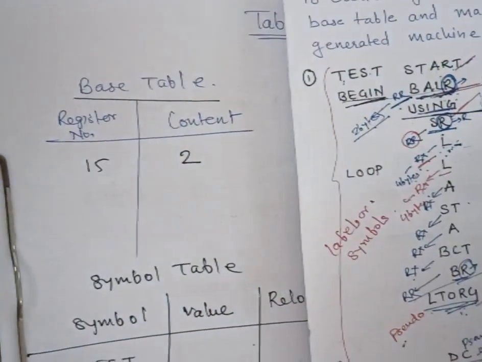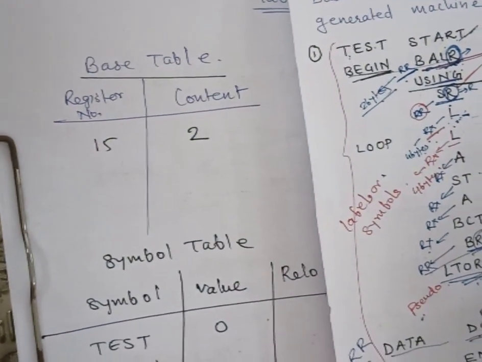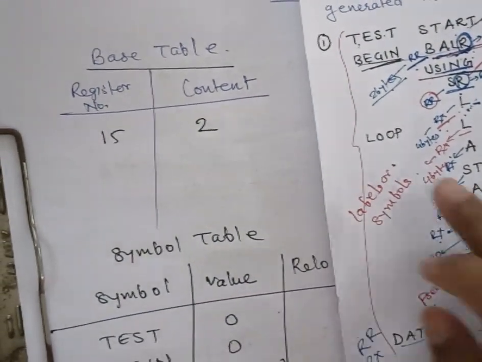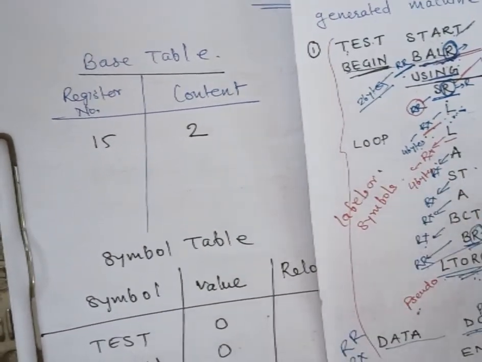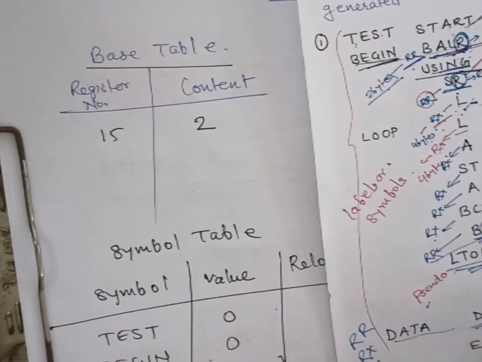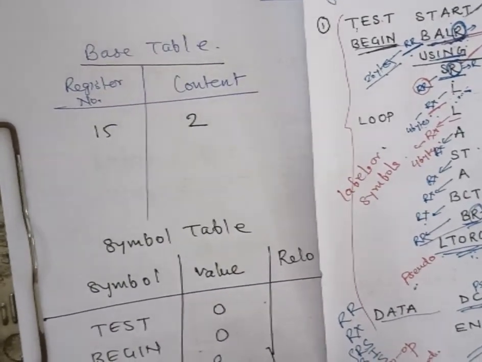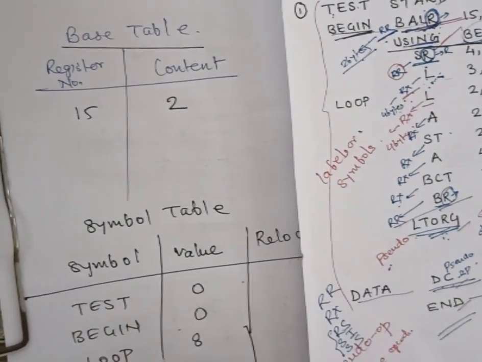TEST is the starting symbol, it doesn't contain any value, so 0. BEGIN is also a starting symbol, so 0. Then we have LOOP, which contains the value A, and the last one, DATA, contains the value 44, the relative address of that symbol.